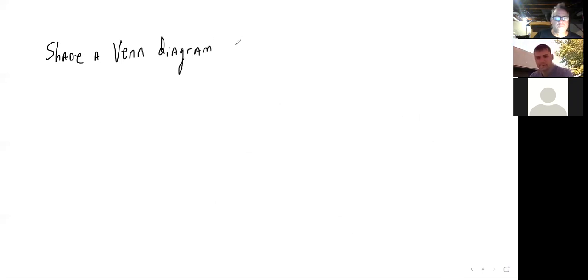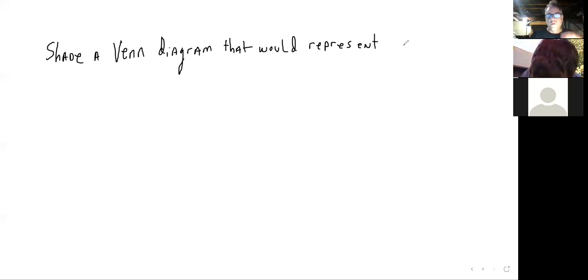So here's going to be our problem. I'm going to shade a Venn diagram that would represent the following set.